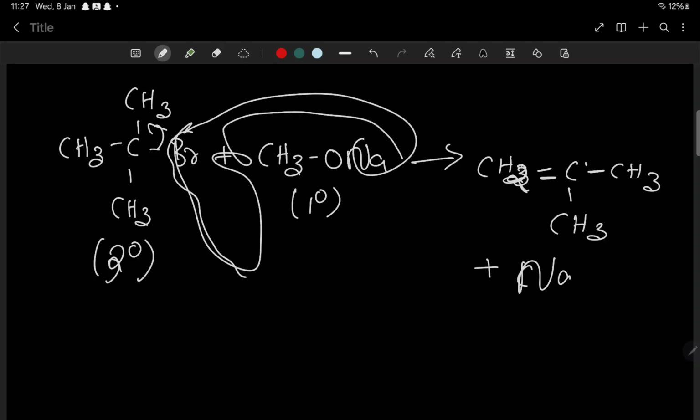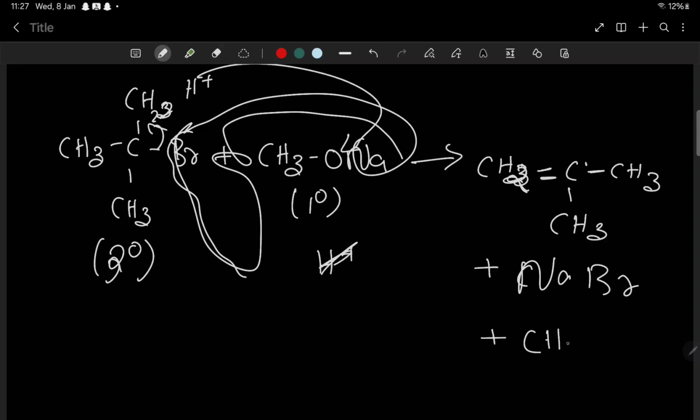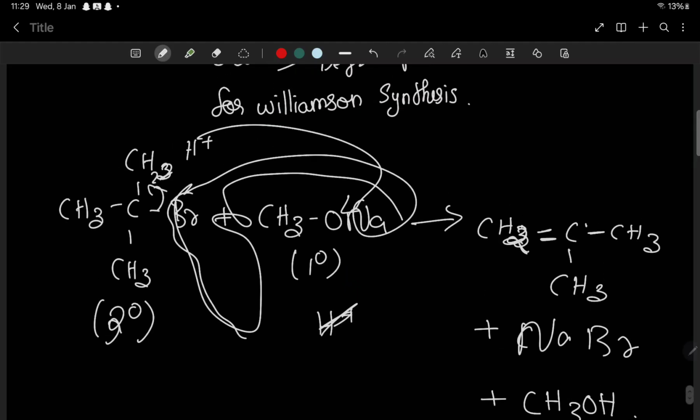They are in love. They left as NaBr, and the hydrogen that left from this carbon goes and joins here, forming alcohol, CH3OH. This is the reaction that takes place if the degree of the alkyl halide is greater than the degree of ONa. So this is the Williamson synthesis reaction and the exceptions.